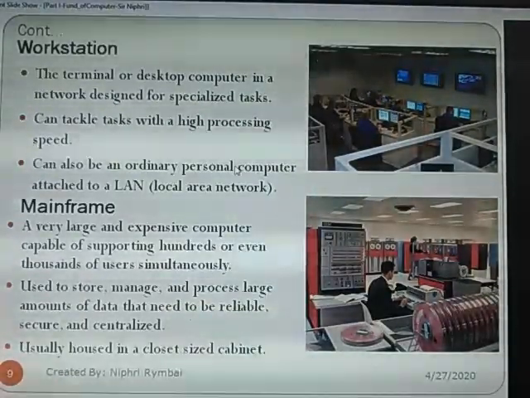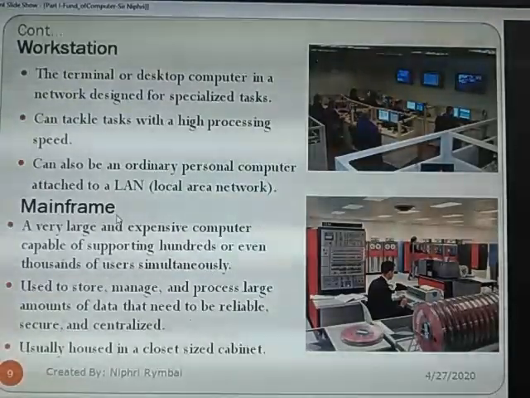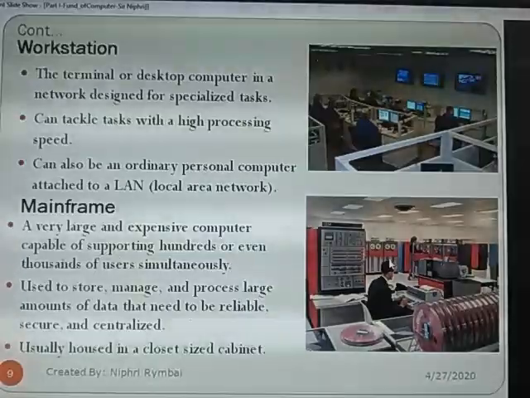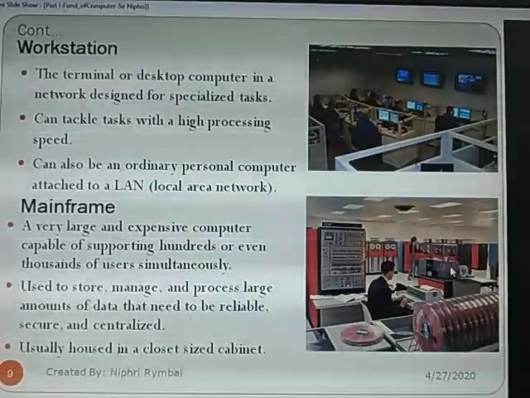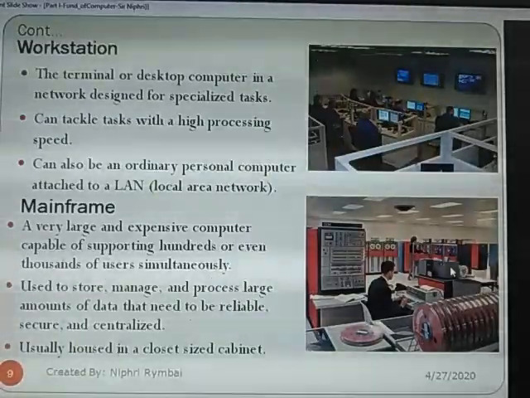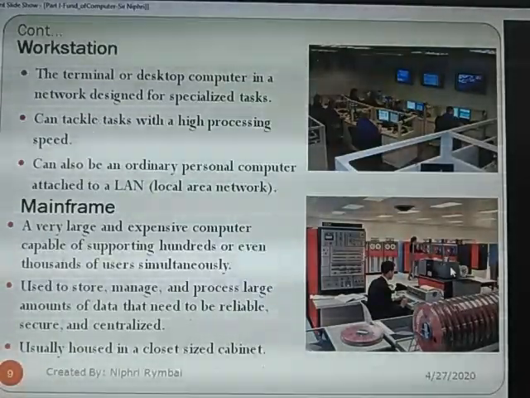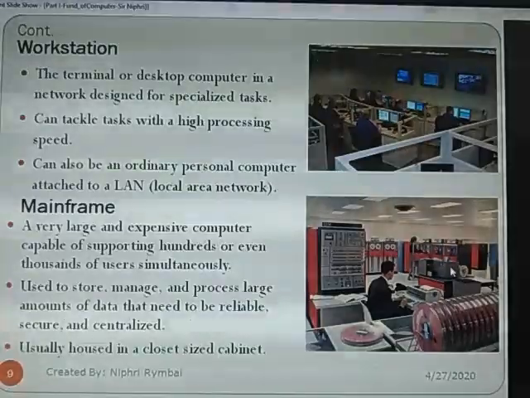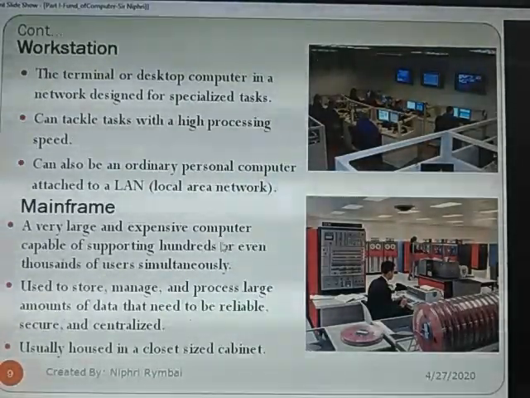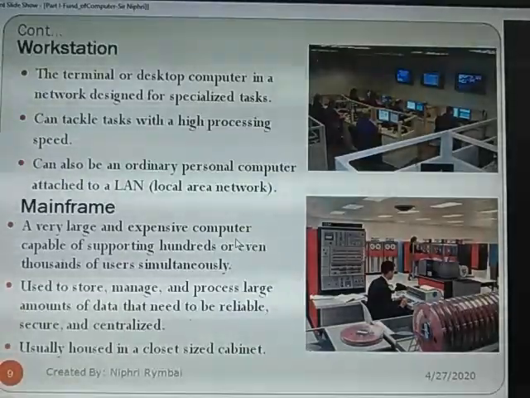Then the next type of computer is the mainframe. Here, you can have a look at the diagram. This is a very large size computer. In comparing size, they are the largest computers we can say. They are also expensive, or we can say high cost.